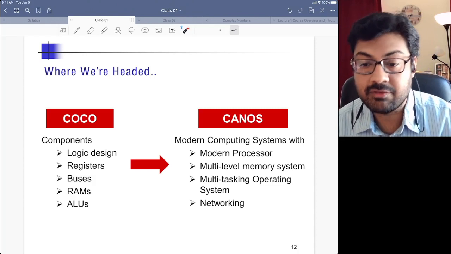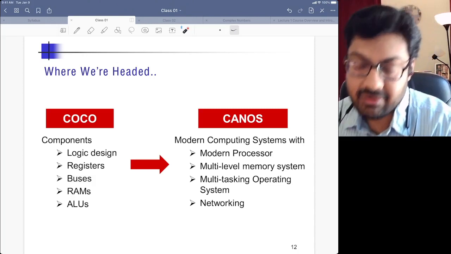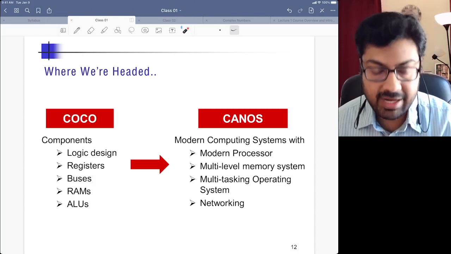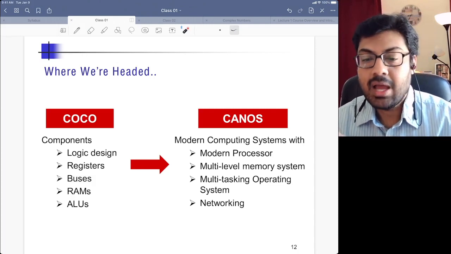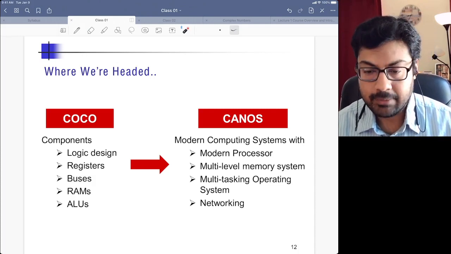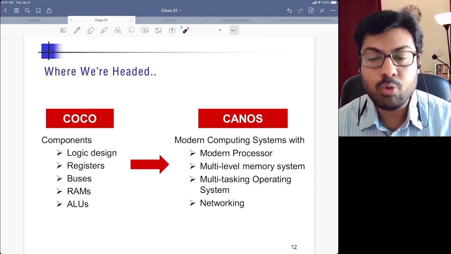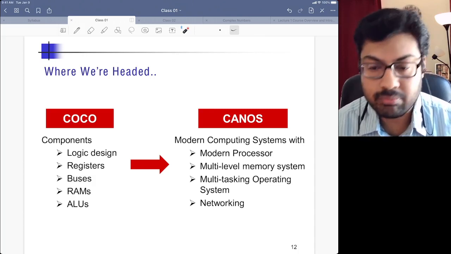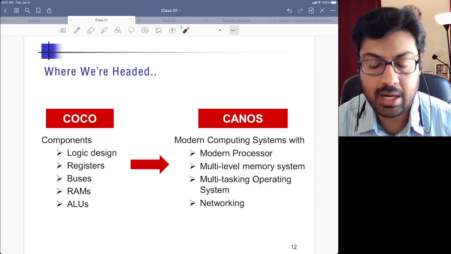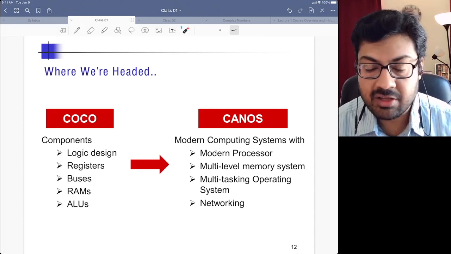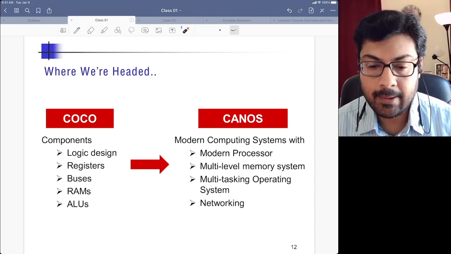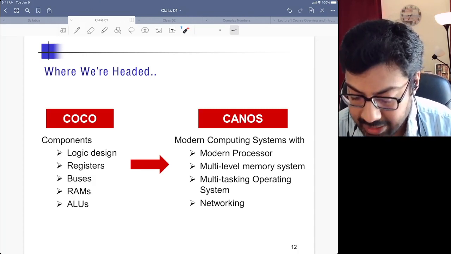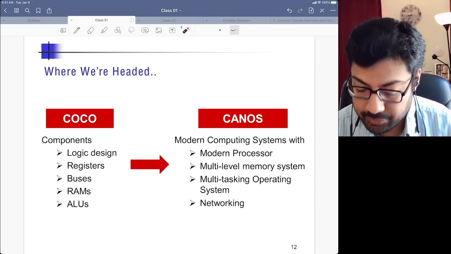A hard disk is very large, but it is slow, dramatically slow, actually. So why do we have that hierarchy? How can we reduce access times to memory by playing with this hierarchy? All of those ideas, the concept of virtual memory, we are going to be looking into in CANOS.